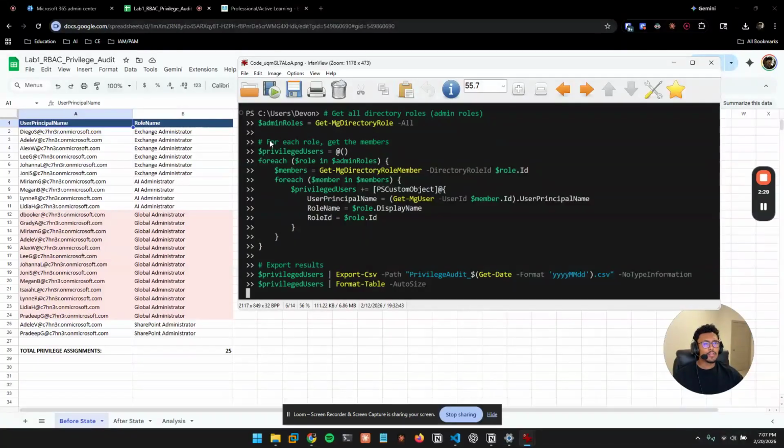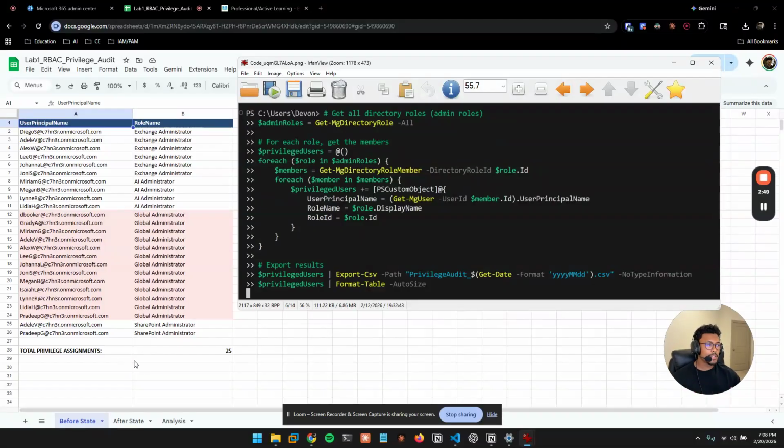But this script goes ahead and pulls all the directory roles, all the admin roles, and then for each of the roles, it gets the members. So you have your Exchange administrator, your AI administrator, your global administrator, SharePoint administrators.